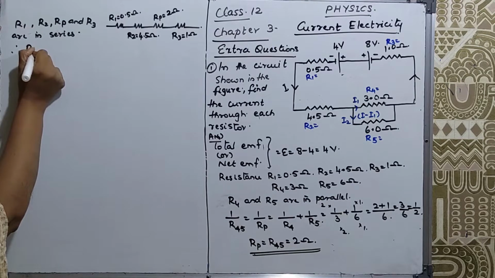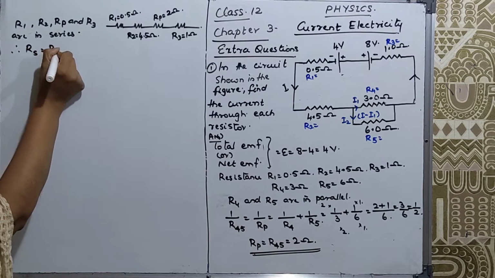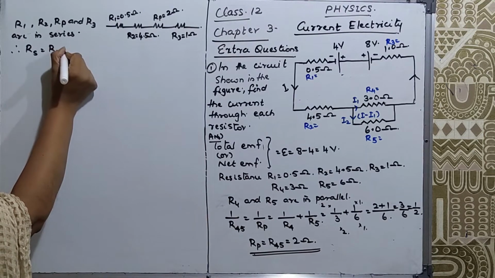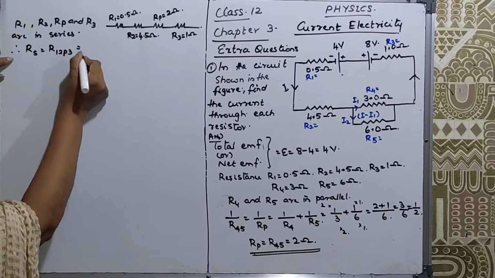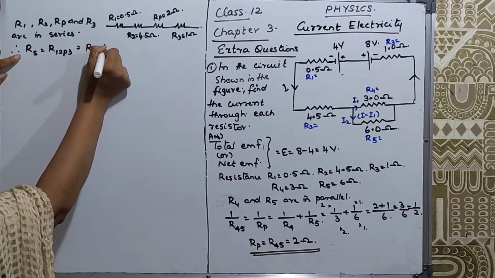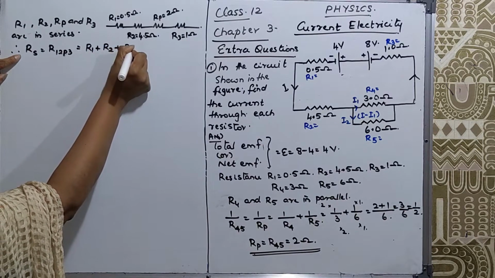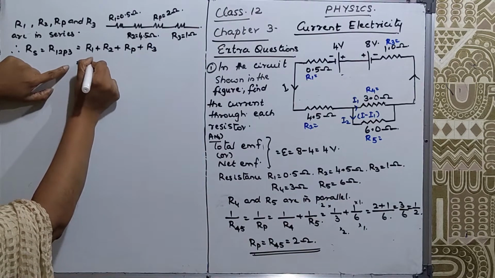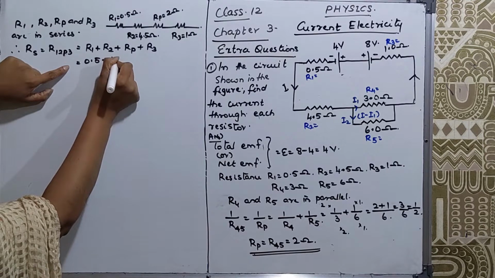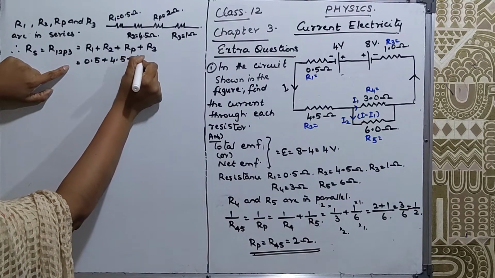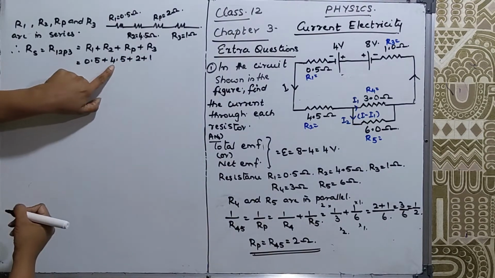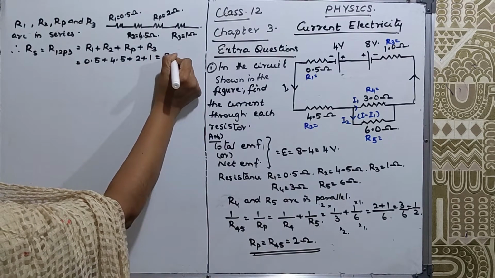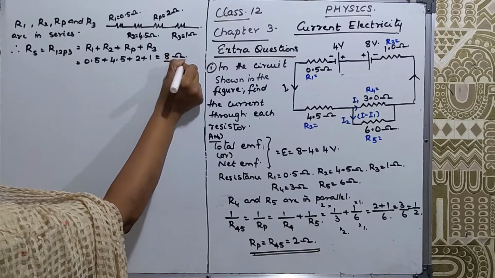Therefore, R series will be equal to R1 plus R2 plus RP plus R3, which is equal to 0.5 plus 4.5 plus 2 plus 1. 4.5 plus 0.5 is 5, 5 plus 3 is 8. So, total resistance will be 8 ohm.